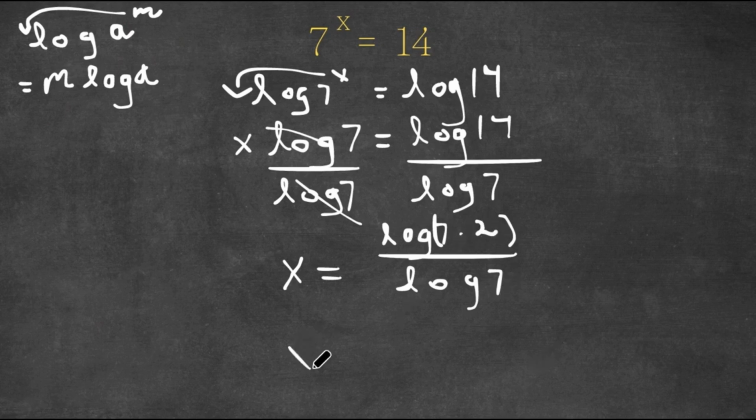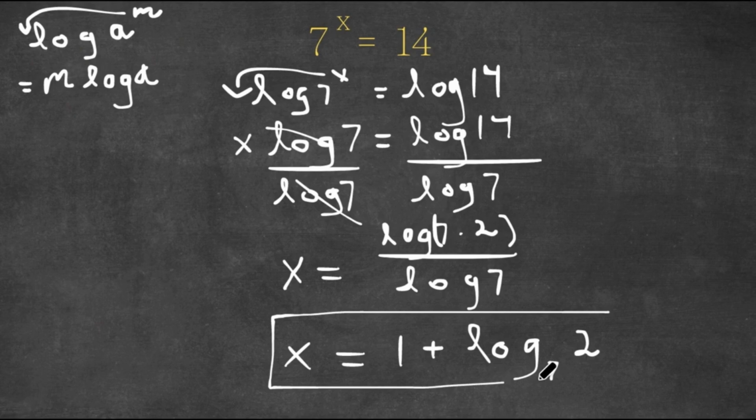And this simplifies to x is equal to log 7 divided by log 7, which is 1, plus log 2 divided by log 7, which can be written as log base 7 of 2. So this is our answer.